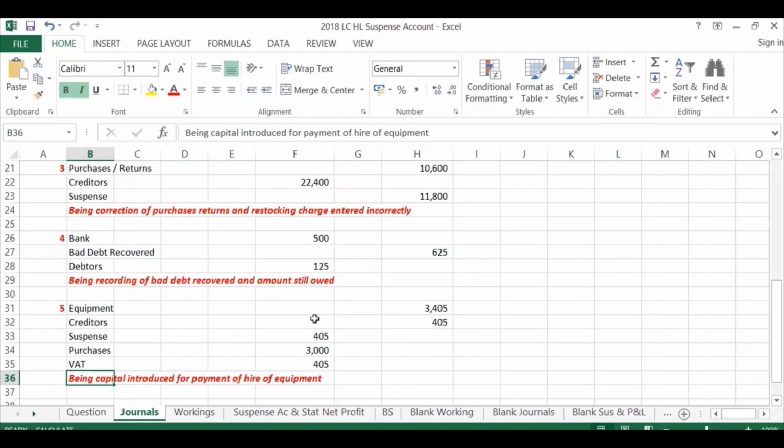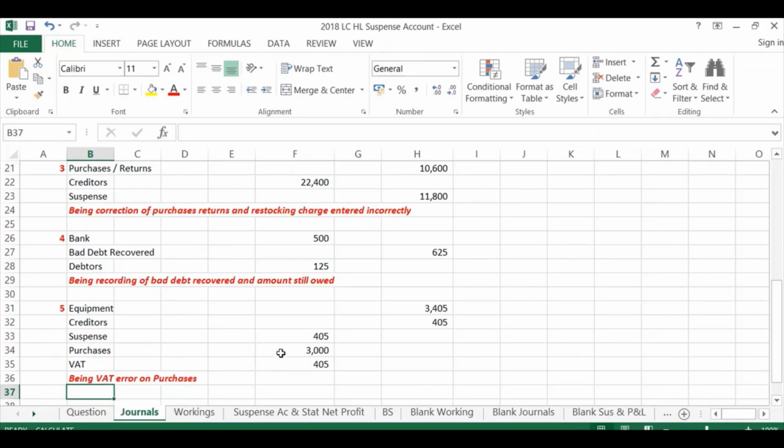I think I may have just taken that from another question. It may be wrong. Being VAT on purchases. That would be fine. Okay, so that's the journals done, that's the hard part done.